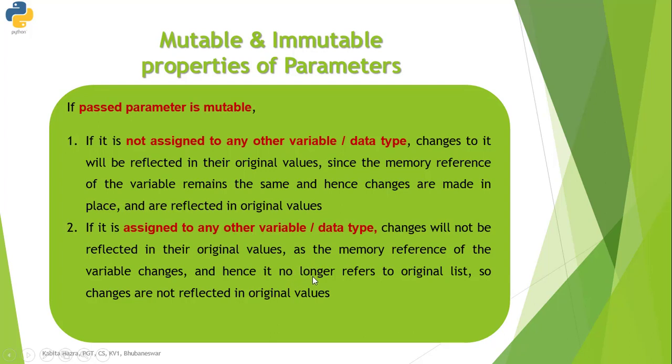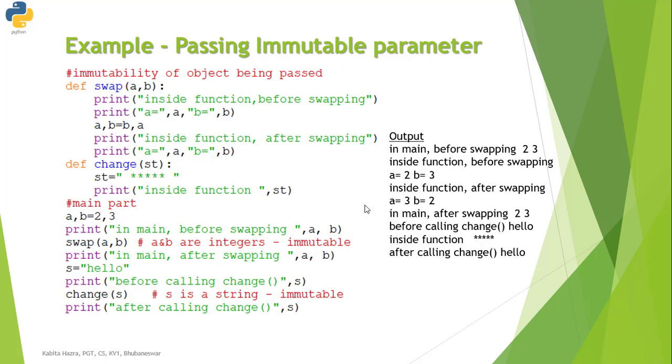Hence, the parameter no longer refers to the original list or dictionary, the original variable. If instead it is not assigned to any other variable or data type, then the changes to it will be reflected in the original values, as the memory reference of the variable remains the same and hence changes are made in place. So original values also change. Let us see an example of this.